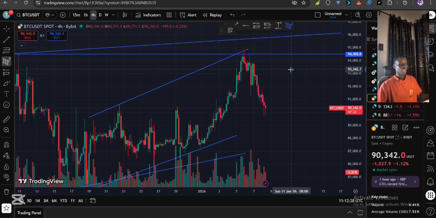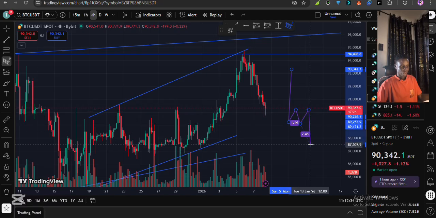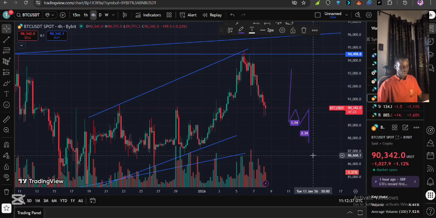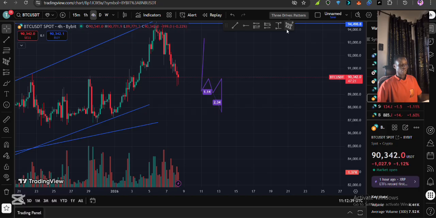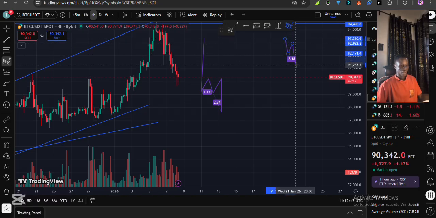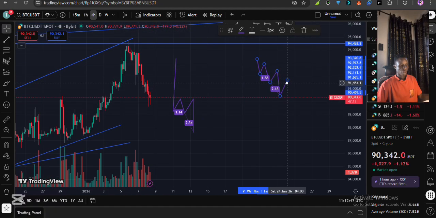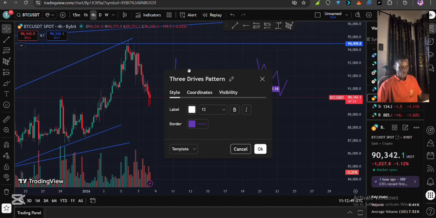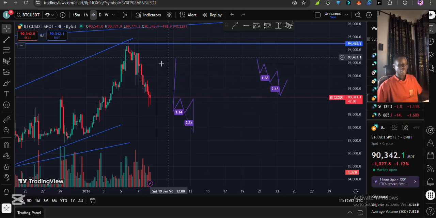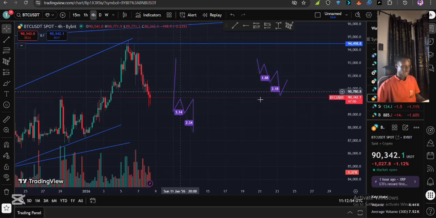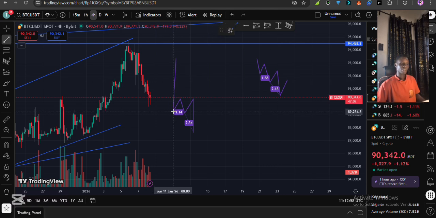You know, there's a difference between something like this, this, and this as well. We can tell that this has an impulsive leg, while this is moving correctively.